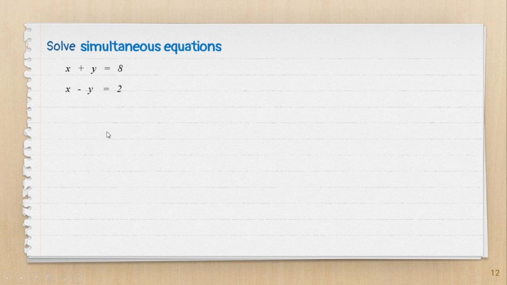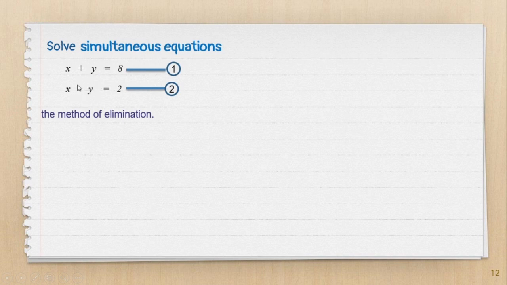Let's solve this. Here I am using the elimination method to solve these simultaneous equations. Initially label the two equations as 1 and 2. You can see equation 1 contains plus y and equation 2 contains minus y.